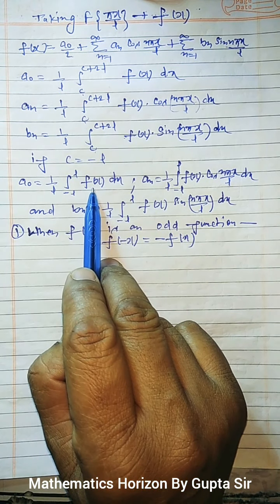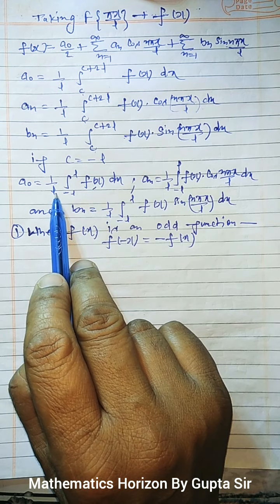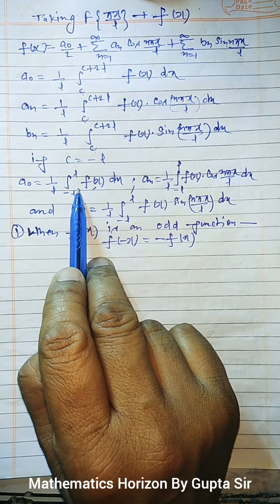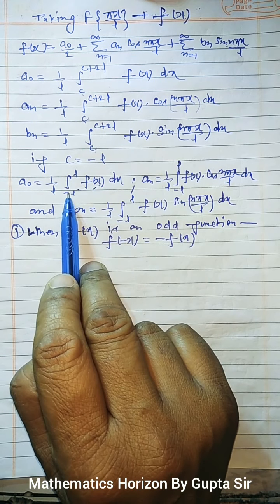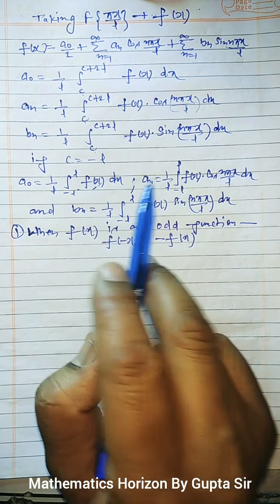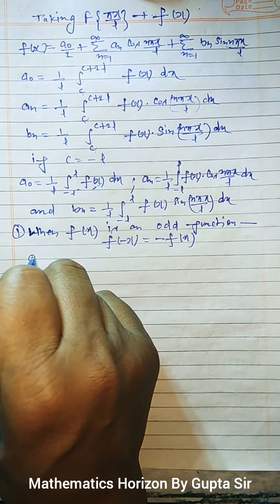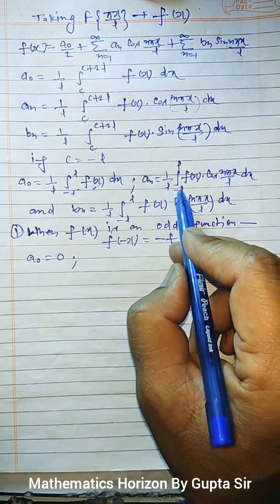In that case, by the property of definite integration, this integral will be 0, because its limit is minus L to plus L, so a0 will be 0. What about an?